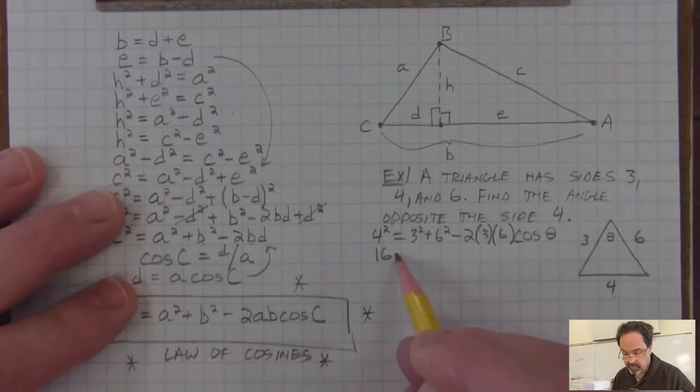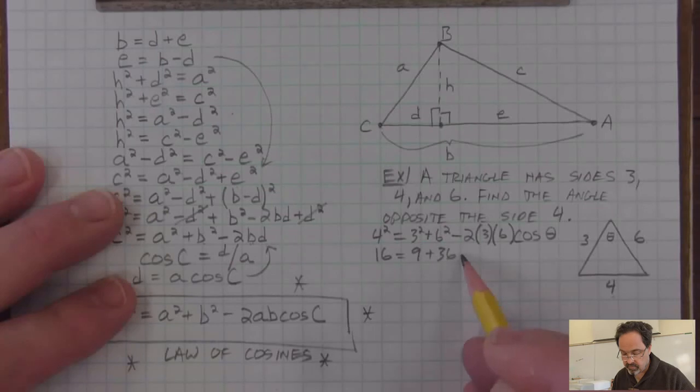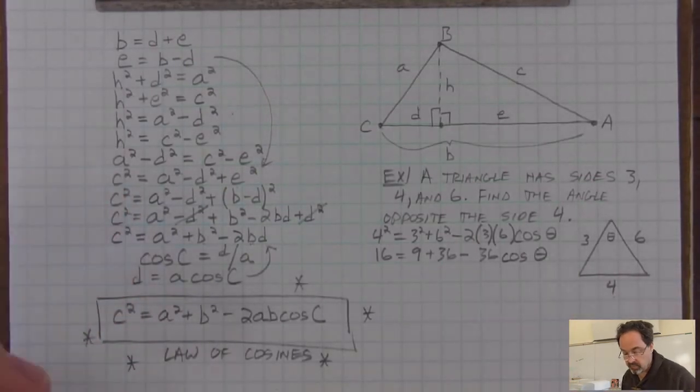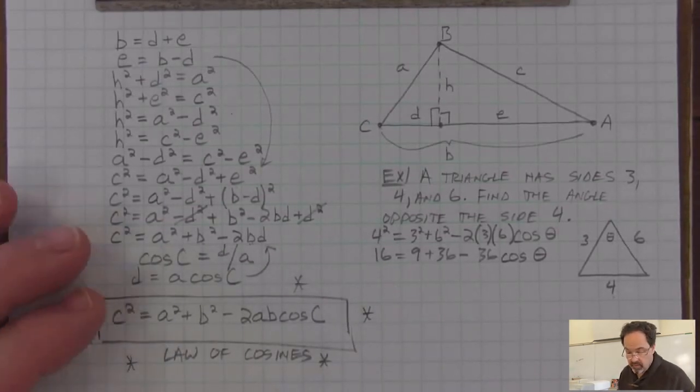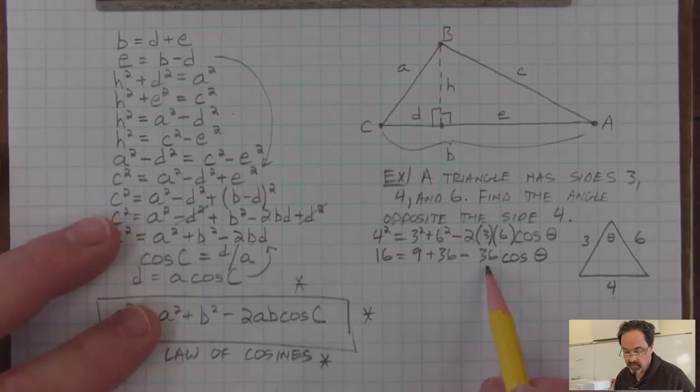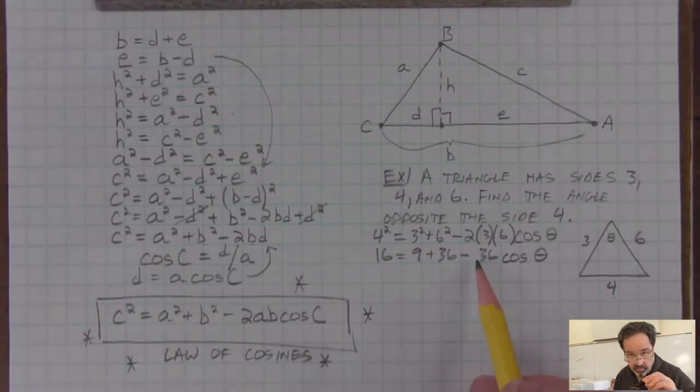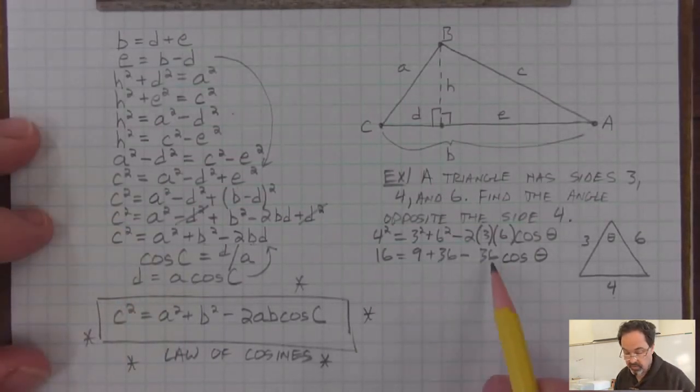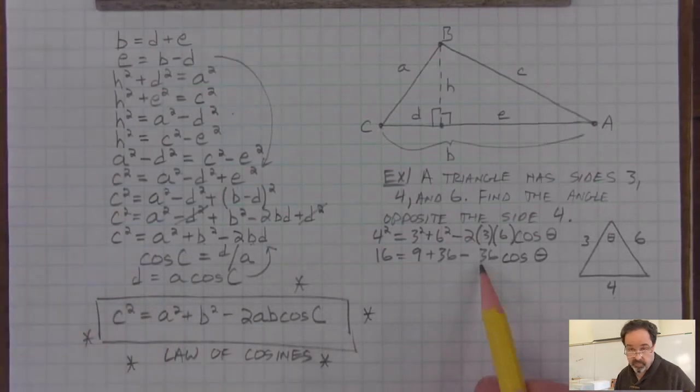4 squared is 16. 3 squared is 9. 6 squared is 36. 2 times 3 is 6, and then times 6 again is 36 times the cosine of theta. Now in this next step, mistakes are very often made. I can see that I have plus 36 and a minus 36. So it's very common to quickly combine those and eliminate them, or combine those two numbers even if they're not equal and opposite sign.